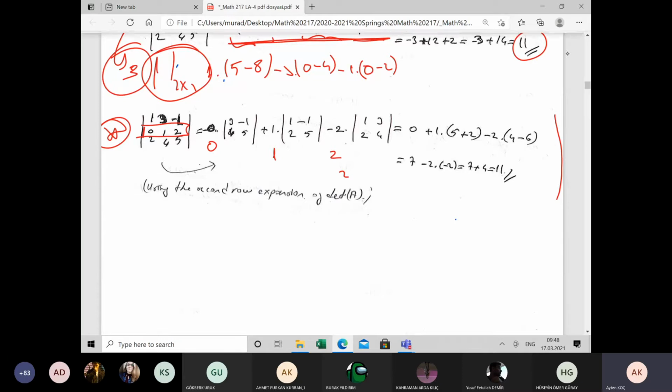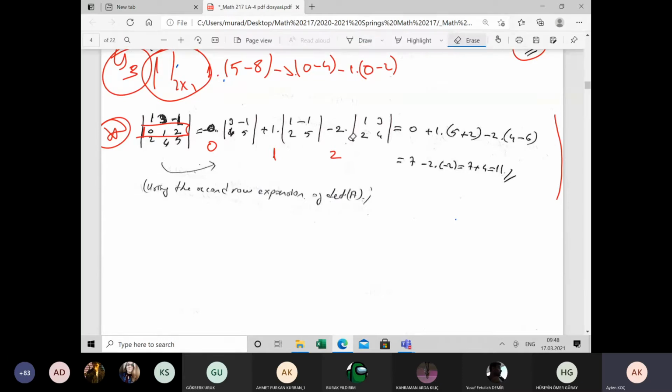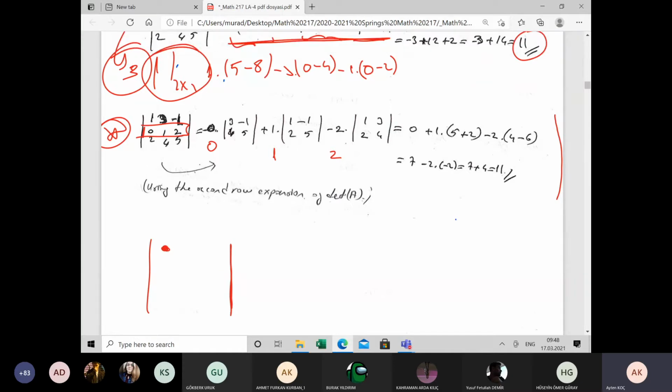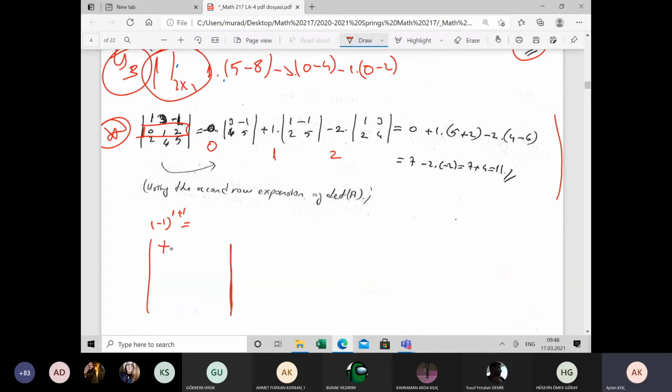This one is in the first row, first column, so minus 1 to the 2 plus 1... sorry, to the 1 plus 1, which is even, so this one is positive. Look at this one: minus 1 to the first row, second column, so we obtain minus 1. So the sign of position here is minus, and this one is plus.